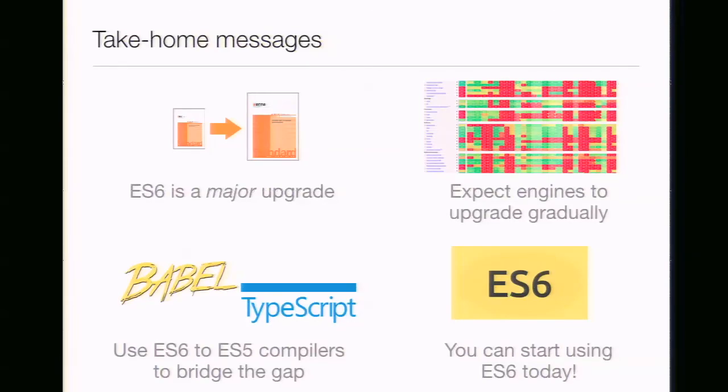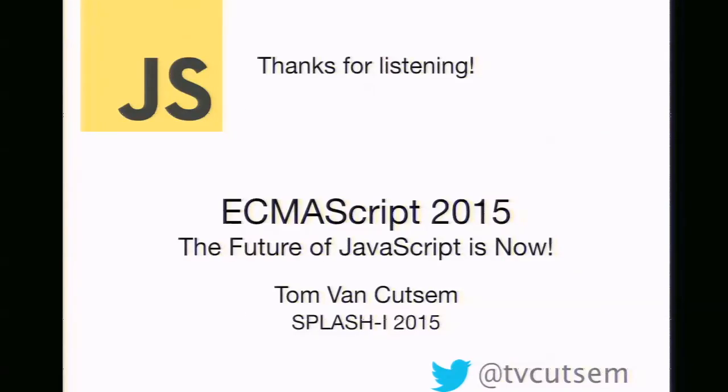Expect the engines to upgrade gradually over the course of the next few years. To navigate this transition period, use a compiler to compile your ECMAScript 6 code down to ECMAScript 5 code, so that you can actually start using ECMAScript 6 today.